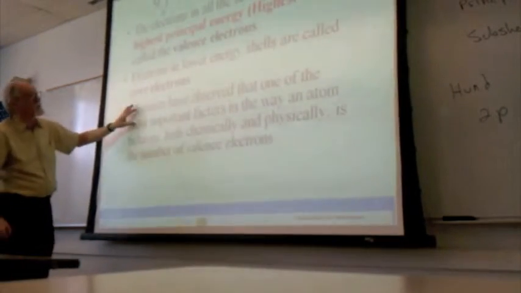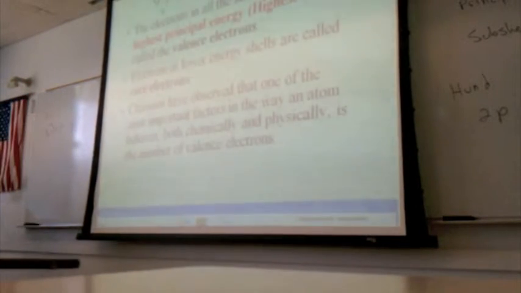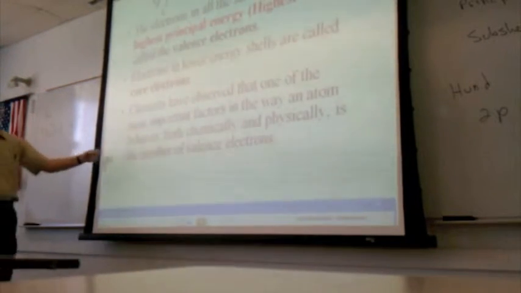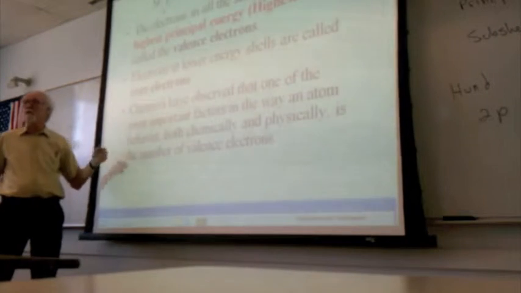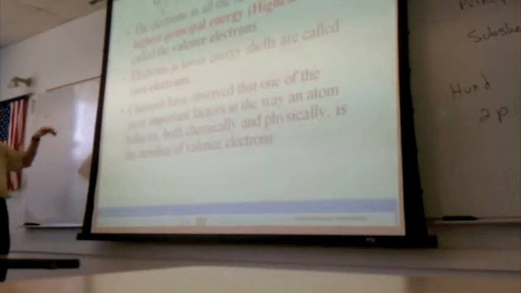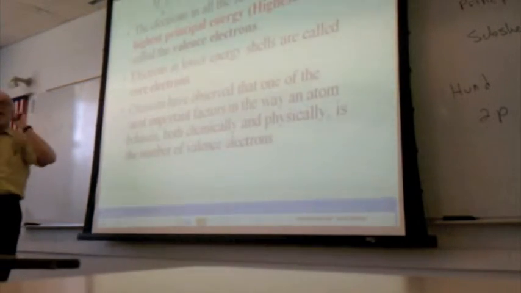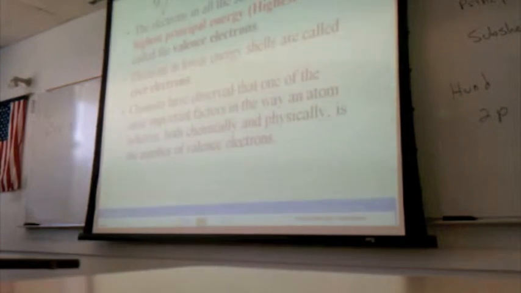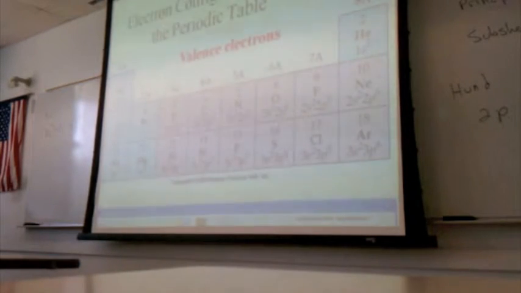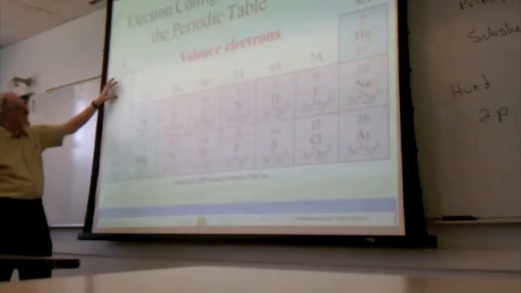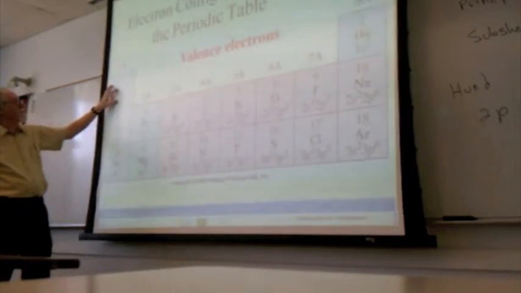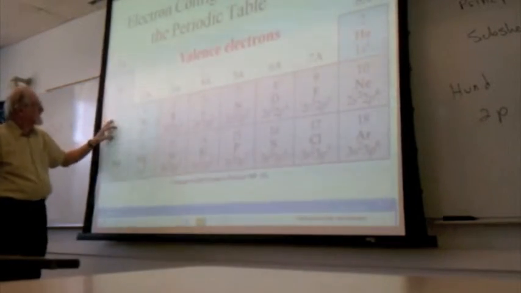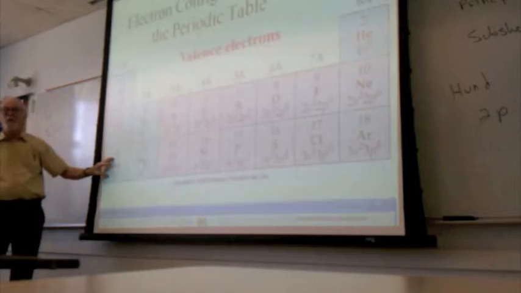It's been observed that some of the most important factors in the way atoms react is the number of valence electrons, the outer, highest quantum number electrons. The highest quantum number for hydrogen was 1s, lithium 2s, sodium 3s.